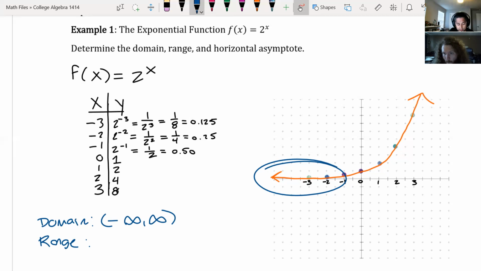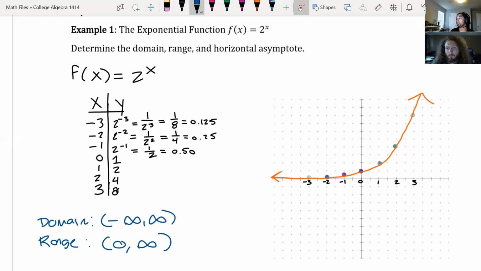What number is that? Zero. Will we ever touch zero, though? No. So the range goes from 0, not included, to infinity.